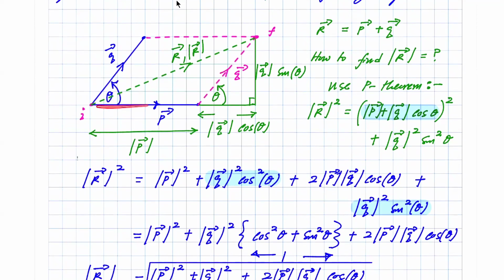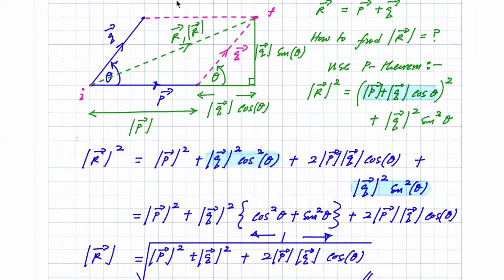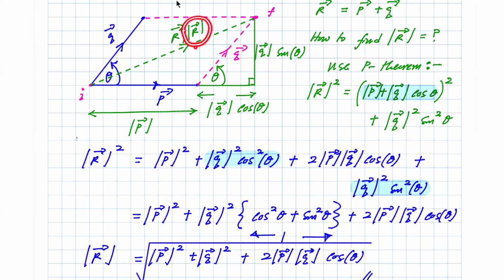So if these details are not given to you, simply you can say the magnitude of R vector is this. So what we did in this calculation, we found this guy from the given data, which is Q vector and P vector, using simple Pythagoras theorem.